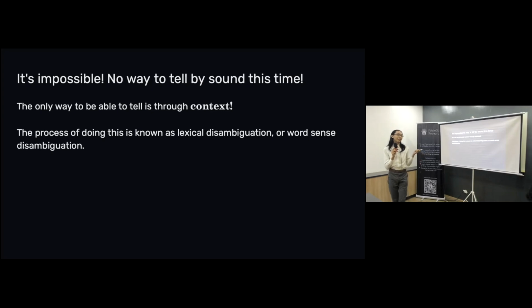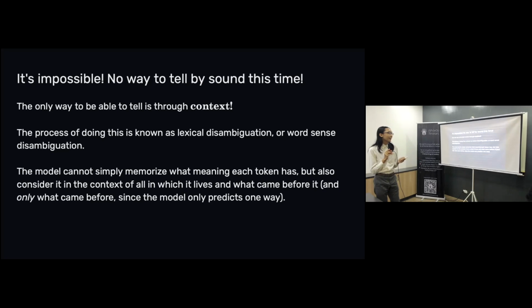So this is called lexical disambiguation or word sense disambiguation. The model simply cannot memorize the meaning of the token. It also has to consider it in the context in which it lives, and what came before it, and only what came before it, because GPT only predicts the next token, so it can only see the past tokens.